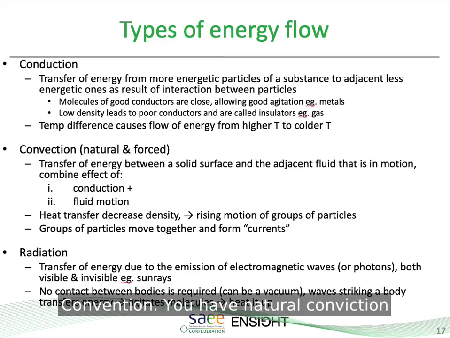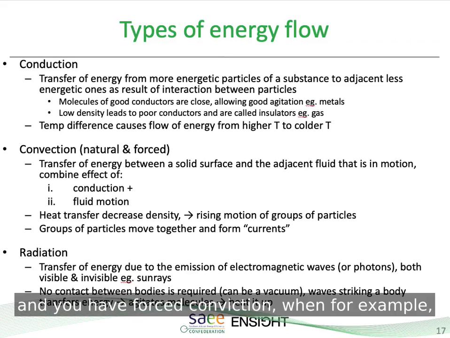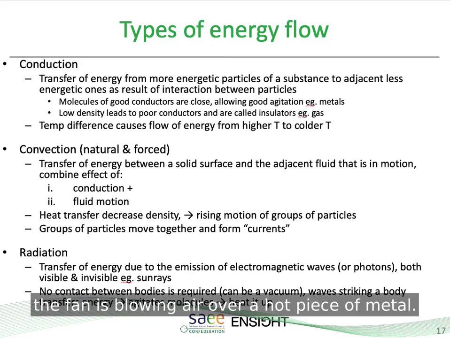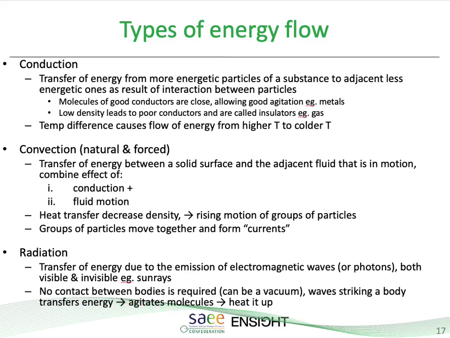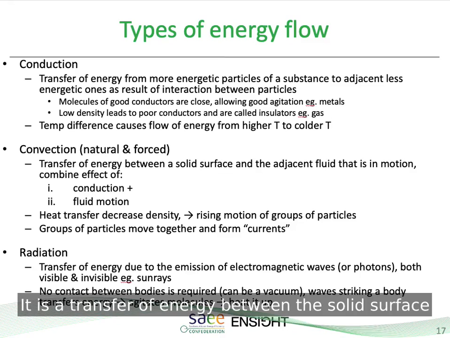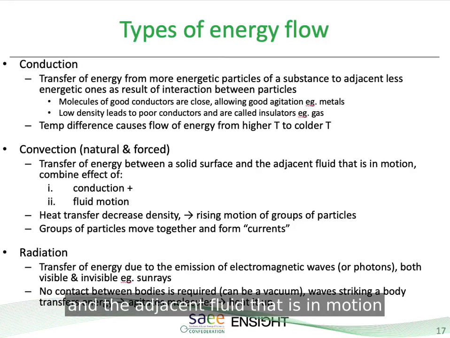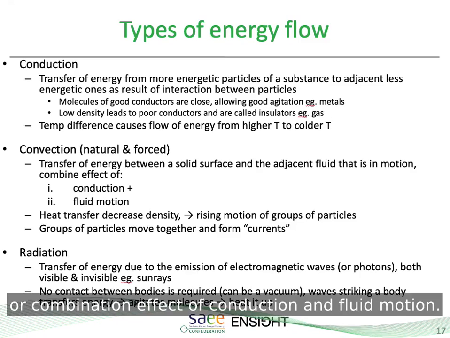Convection. You have natural convection and you have forced convection when, for example, a fan is blowing air over a hot piece of metal. It is a transfer of energy between a solid surface and the adjacent fluid that is in motion, or a combination effect of conduction and fluid motion.